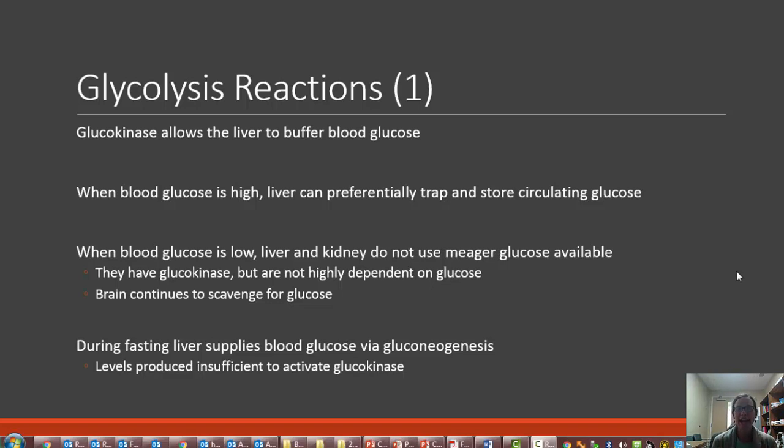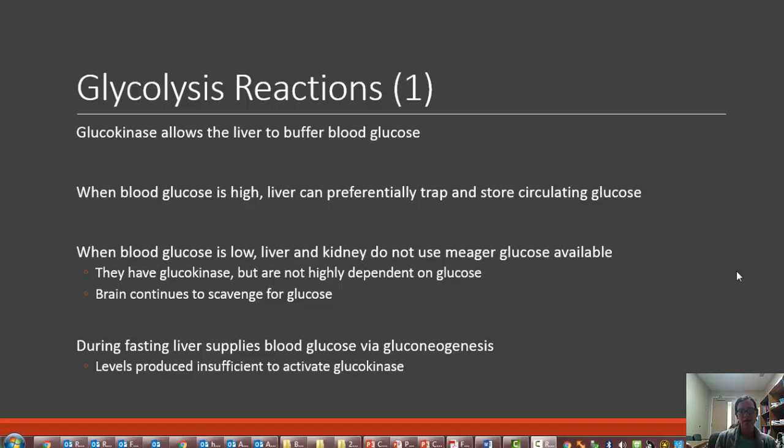Now, glucokinase actually has a pretty low affinity for glucose, which is kind of surprising. Both the liver and kidney have glucokinase, but if we have low blood glucose levels, our glucokinase is not going to become activated, because what our body is trying to do is to spare the glucose that we have for the tissues that need it even more, like our brain.